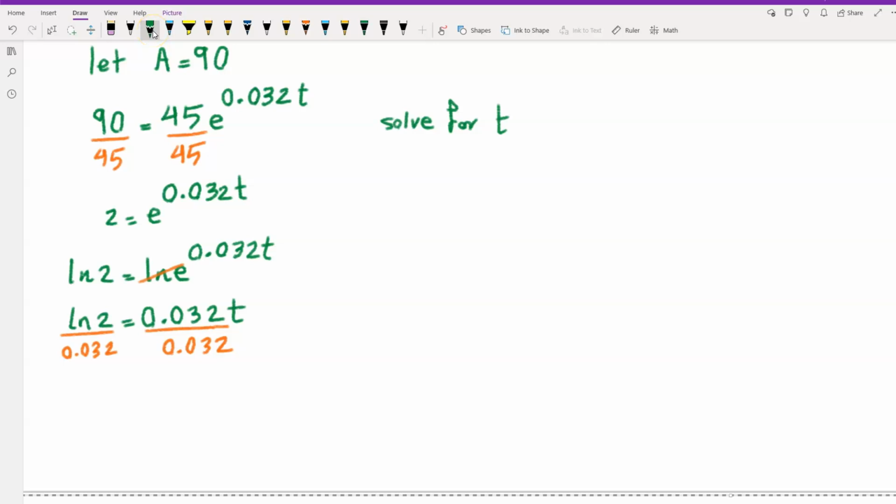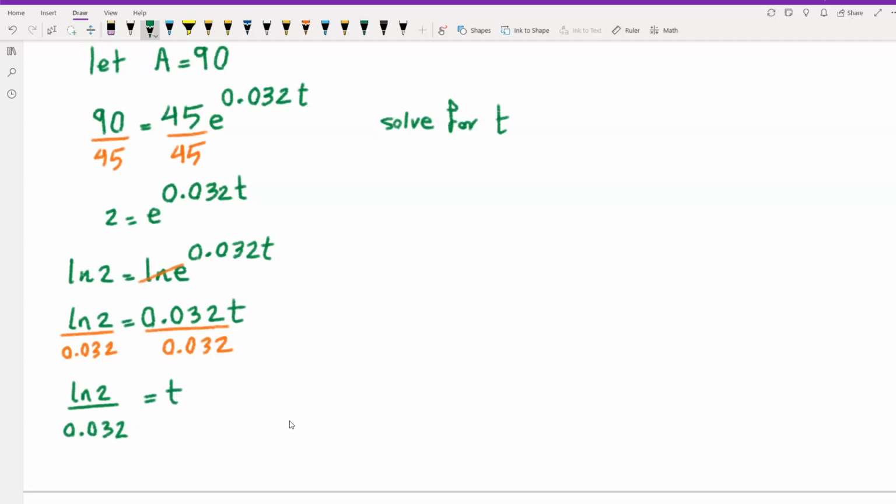Then divide by 0.032 on both sides to solve for t. So here we have natural log 2 over 0.032 equal to t.